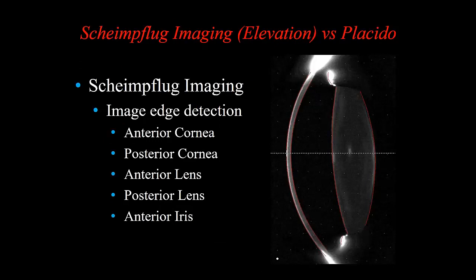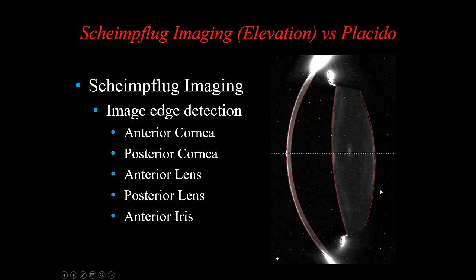The advantage of elevation, whether it's produced from Scheimpflug, optical cross-sectioning, or OCT, is that it's elevation-based and not curvature-based. This is a cross-sectional Scheimpflug image. You can see the image detection, which shows the anterior cornea. My pointer shows the posterior cornea here, and the anterior lens.